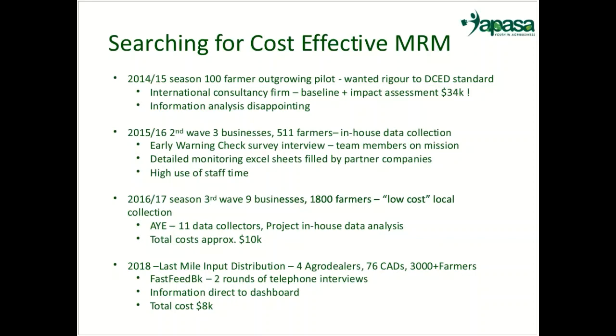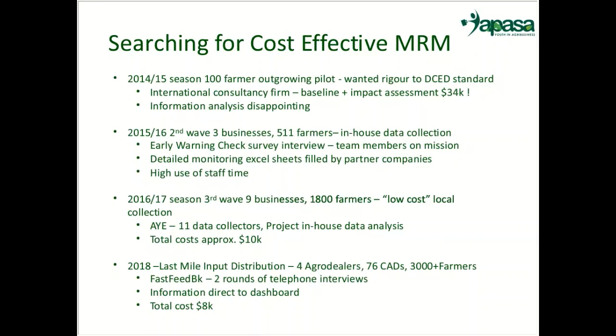We got a well-known international consultancy firm to do a baseline and an impact assessment, and it cost us a whopping $34,000. The information coming through from that, particularly the analysis, was very disappointing, actually, for that amount of money.